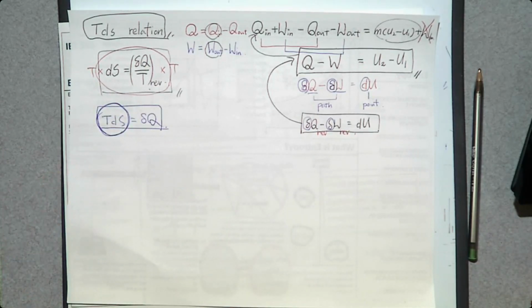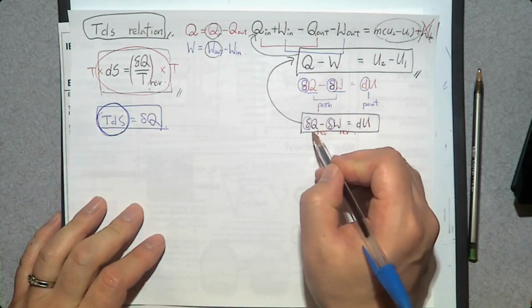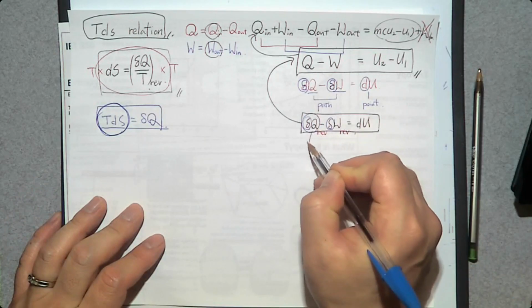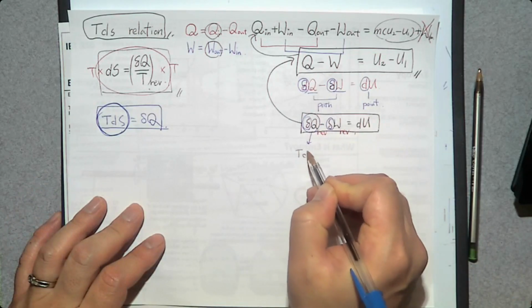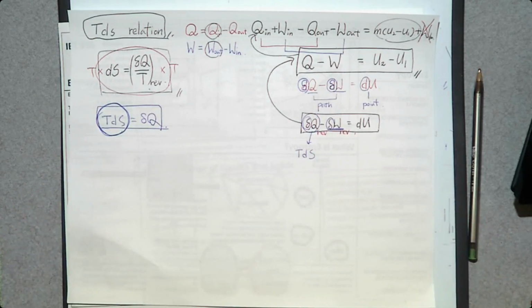Because of this, it is called the TdS relation. Not very creative, right? So del Q is TdS. Okay, I'm going to replace this del Q with TdS. No problem. What about this del W? What is del W? The change in work. Do you know how to determine work?